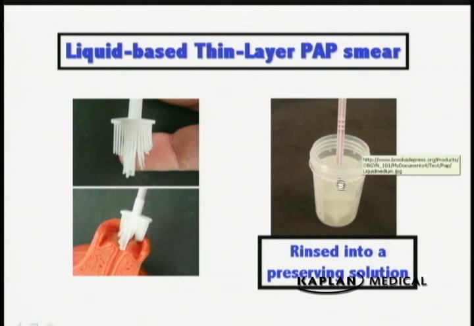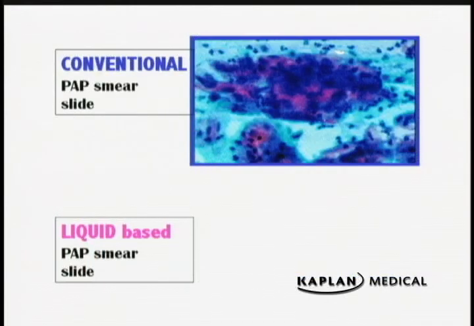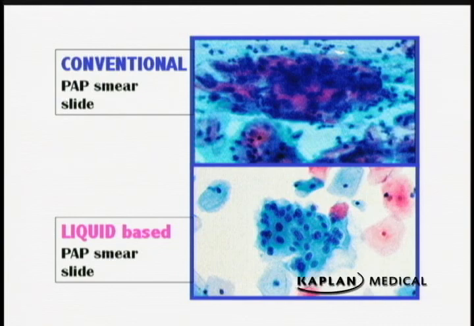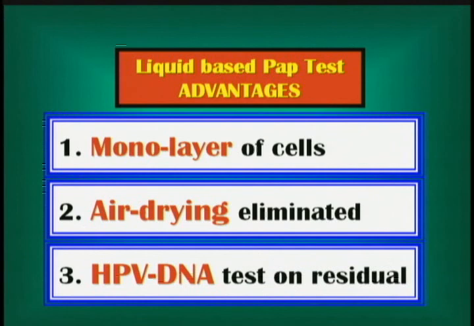And the idea is that all of these cells will come off, and then they will be suspended and put evenly onto a glass slide. Notice the difference between the conventional pap smear and the liquid-based. You do not have these cells which are on top of each other. And that will then allow for more accurate reading.